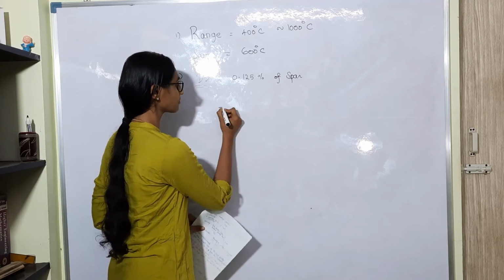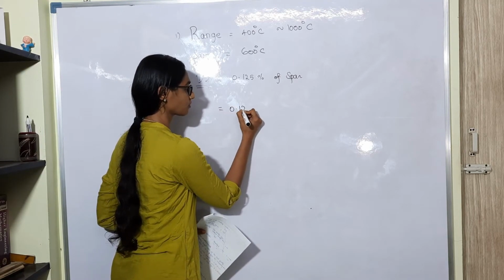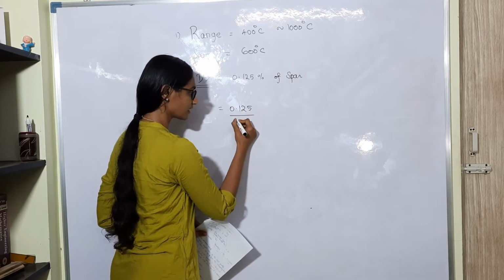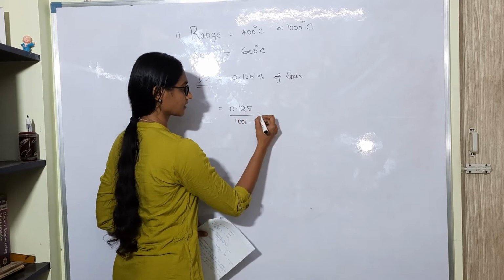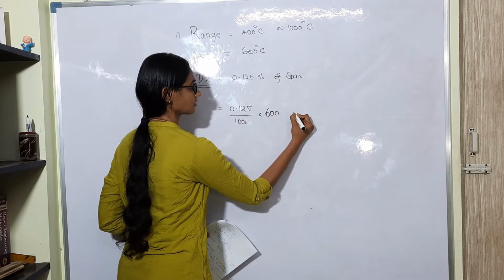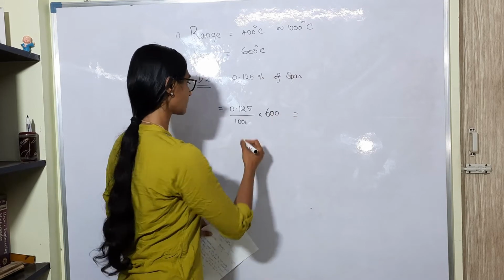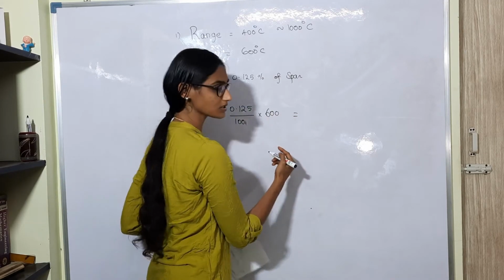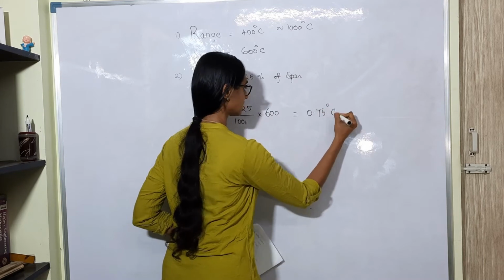What is 0.125% of span? It is 0.125 divided by 100 times span. Span is 600 degrees Celsius. So the dead zone is given by 0.125 into 6, 0.75 degrees Celsius.